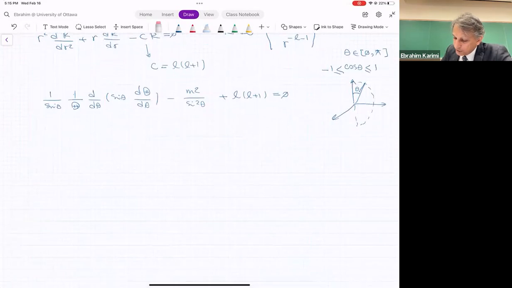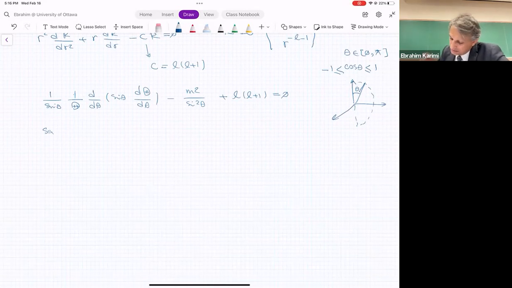So let's change the variable. Let's choose cosine of theta to be a new variable, which I call u. Good.